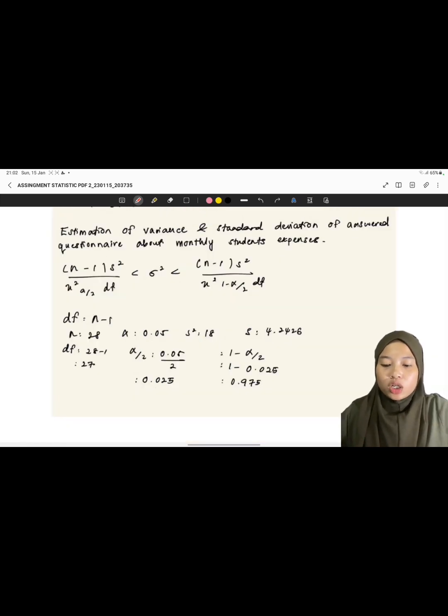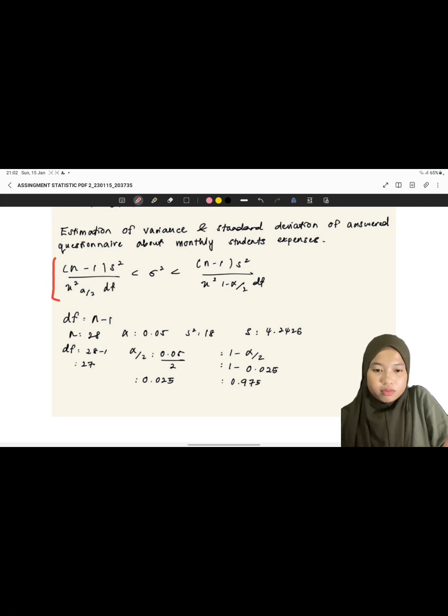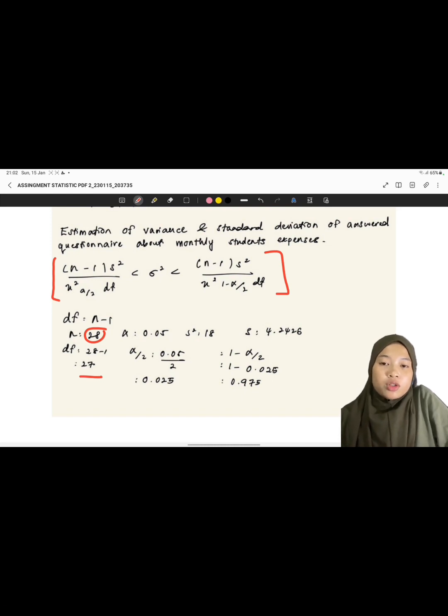And lastly, we find the estimations of variance and standard deviation. To find these, we use this formula, where df is the degrees of freedom. To find the degrees of freedom, n minus 1, we have 28 minus 1, and we got 27. Alpha is 0.05, alpha over 2 is 0.05 over 2, which gives 0.025.